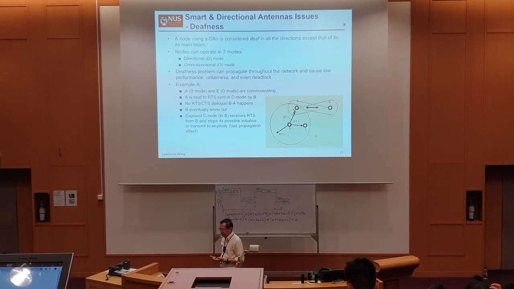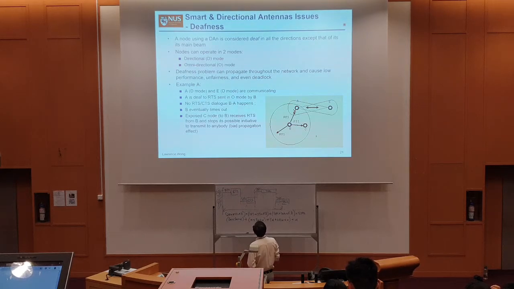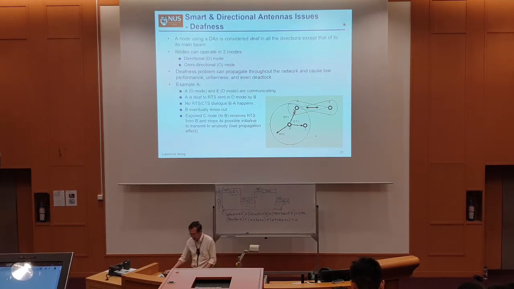But if they operate in the directional mode, here is one example of a problem called deafness. In this example, you have nodes A and E communicating, as you can see here. You can see that they're using directional antennas here, right? Okay, A and E.